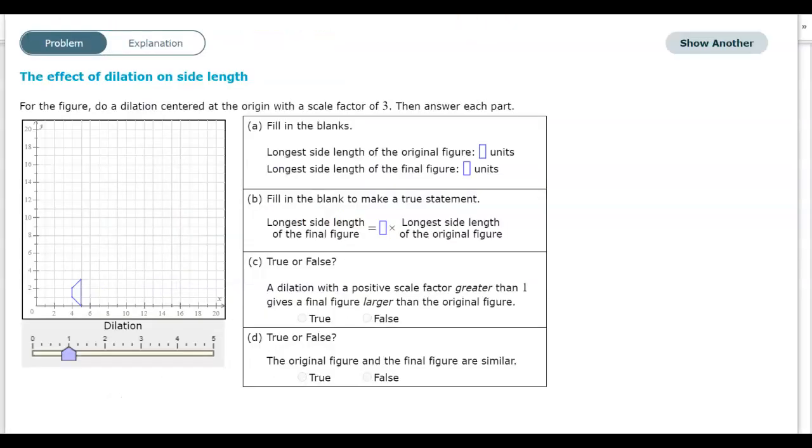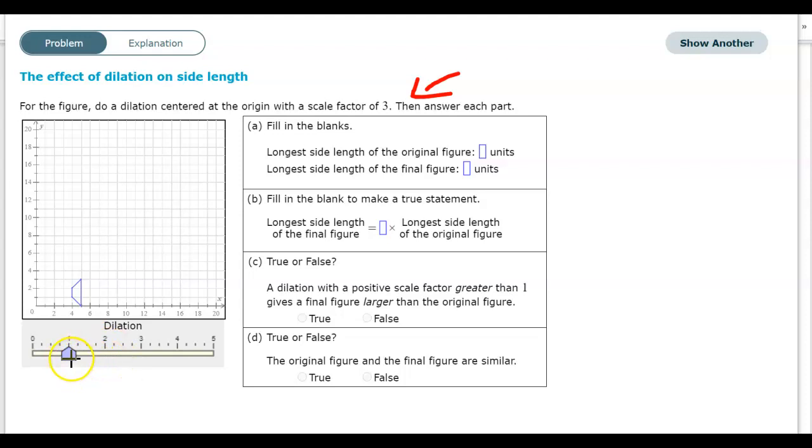So next problem here, the effect of dilation on side length. And we're going to take a look to see what we're supposed to do here by reading this. For the figure, do a dilation centered at the origin with a scale factor of 3, and then answer each part. Okay, I'm not going to be able to slide the slider on mine here, you guys, because I'm actually writing over the top of this.